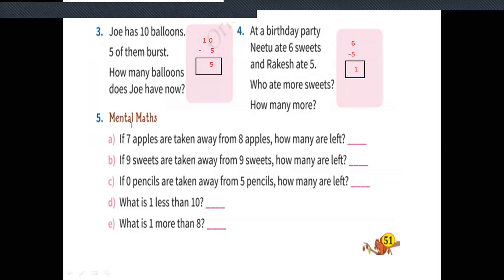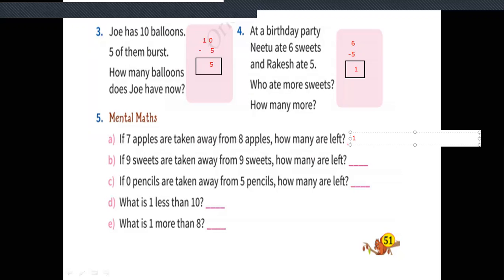Next, mental maths. You have to calculate in your mind. Mental maths means you have to calculate in your mind. If 7 apples are taken away from 8 apples, how many are left? See, from 8, if you take 7, how many will be left? 8 less 7. How many? 1. Okay. Simple way: 8 and 7 are next numbers.